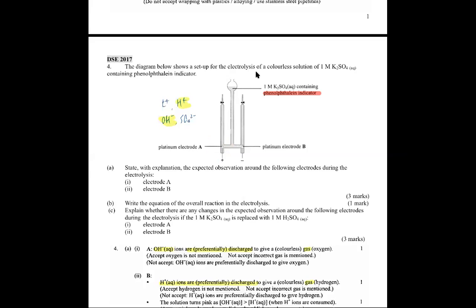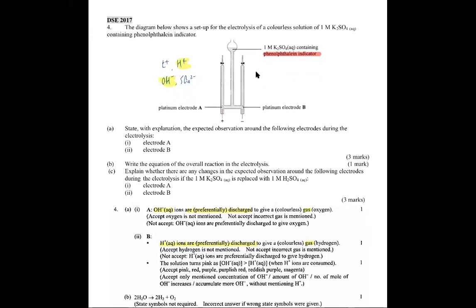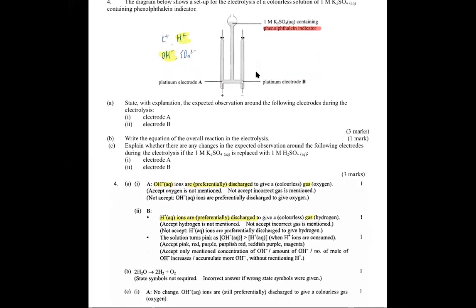And for A1, let me check. Yes, A1, because it's positive, it attracts anions, so it would be hydroxide that gets discharged to form oxygen. Is that okay? And if we go to A2, the second part, because hydrogen ion is used here, it is left with excess hydroxide ion.